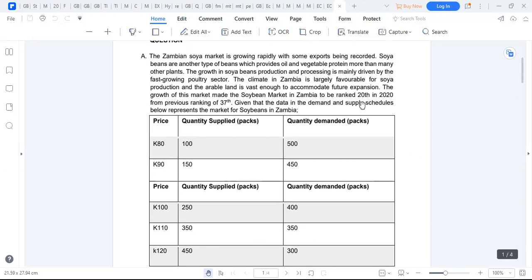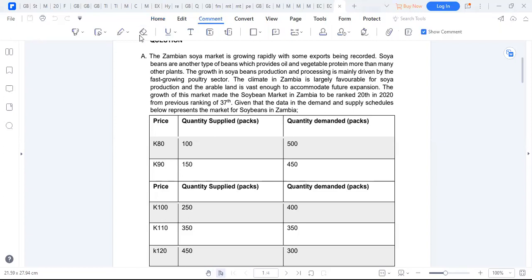So from this schedule, we want to discuss five key important things. Number 1, can you identify the equilibrium price and quantity from this diagram? What is equilibrium price and quantity? So the equilibrium quantity is 350.